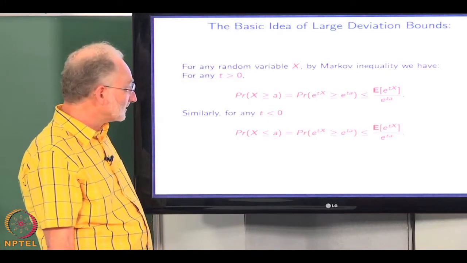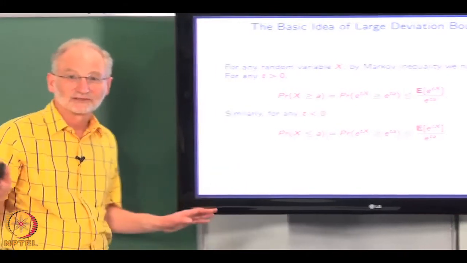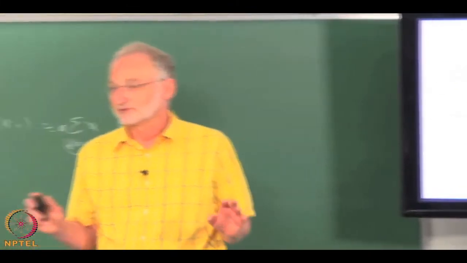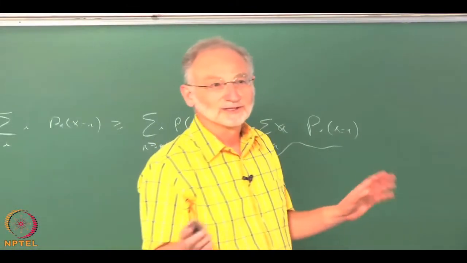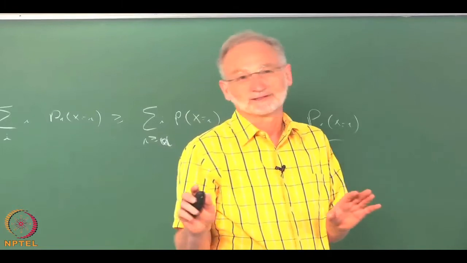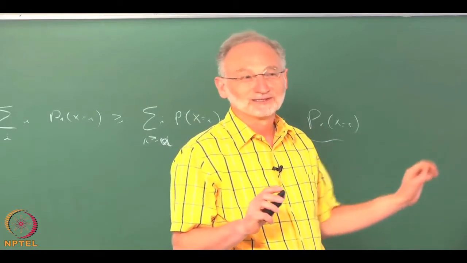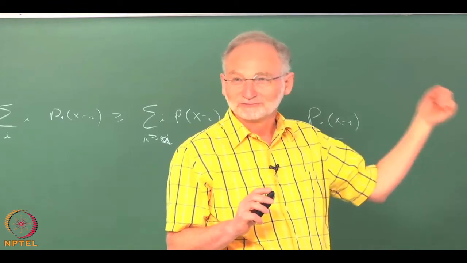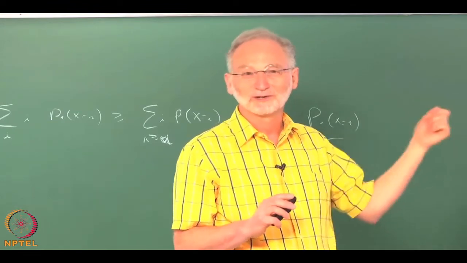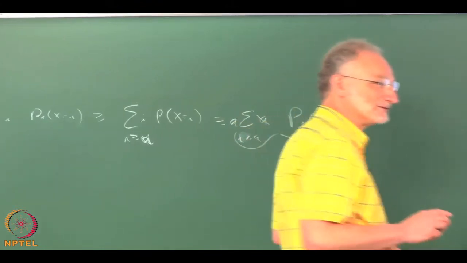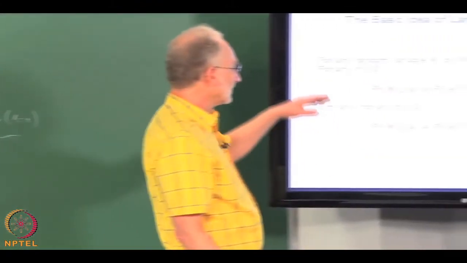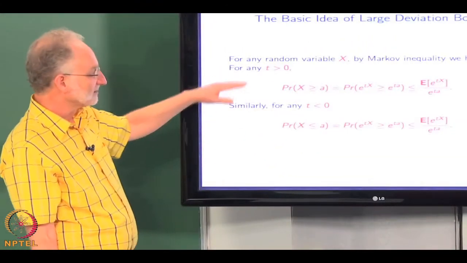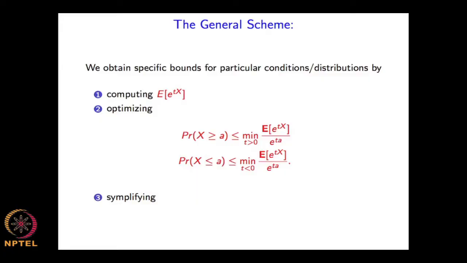I realize for those of you who see it for the first time, this is just symbolic manipulation, and it will take some time until I can show you the application of this. So bear with me, we have to go through some formalities until we get to the real application. But this is the general form.